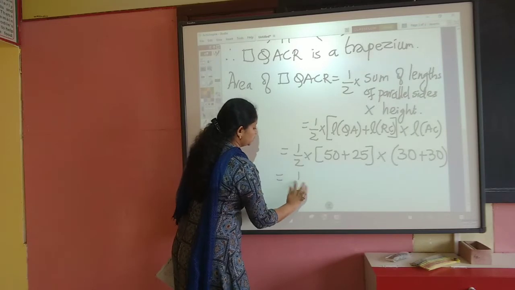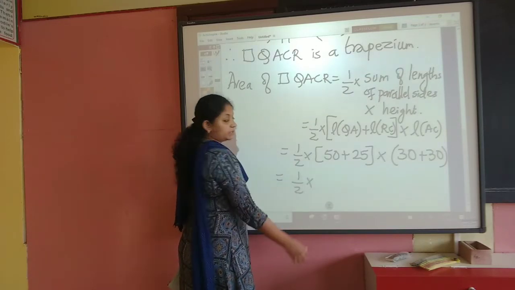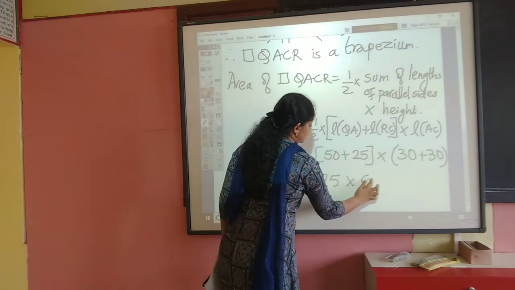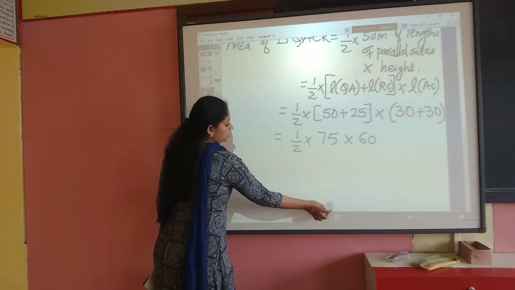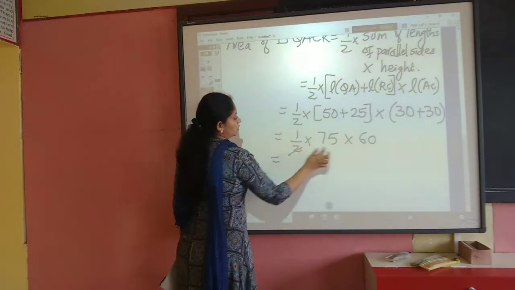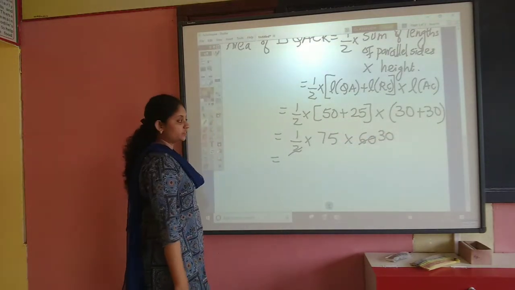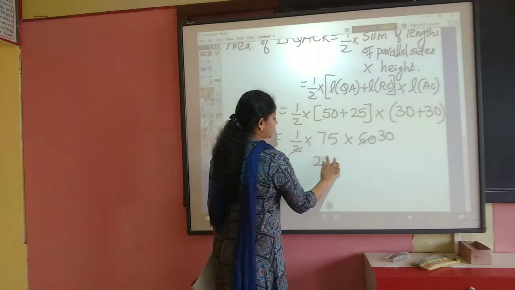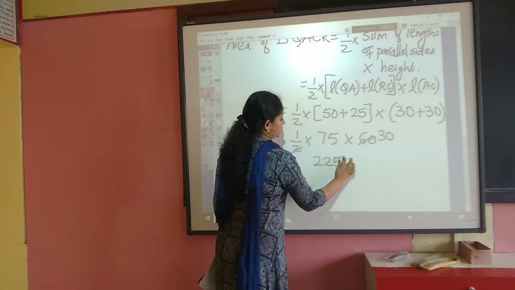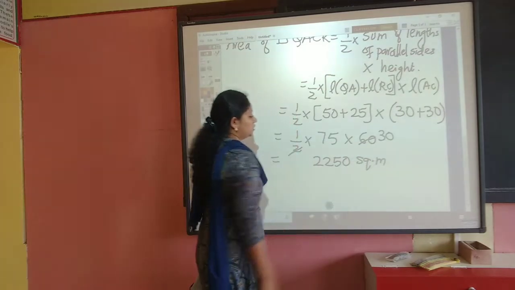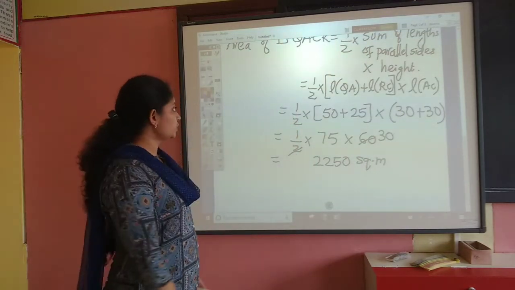So solve it further. Half into 50 plus 25 is 75 into 60. You can cancel 2 and 60. 75 threes are is nothing but 225. And the 0 for 30. So square meter.